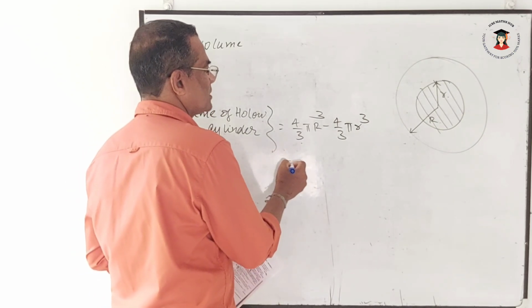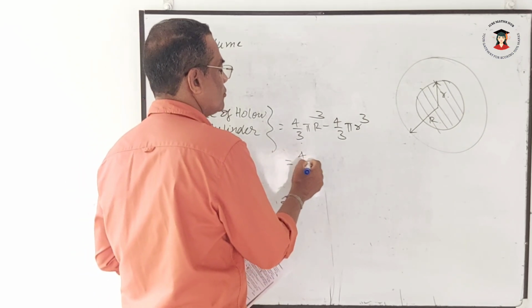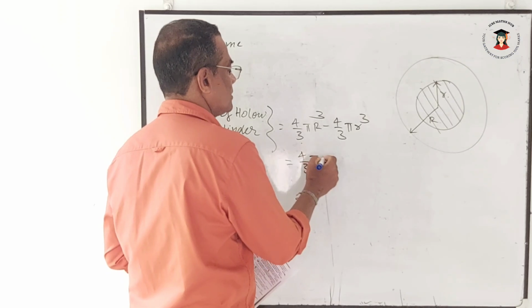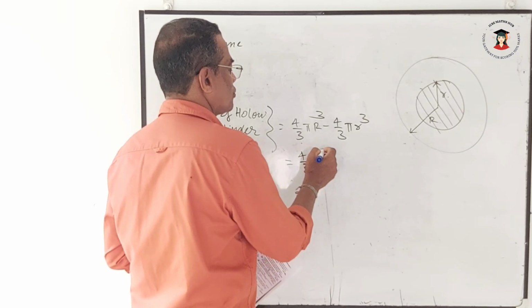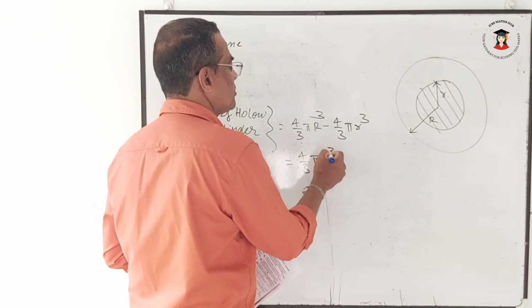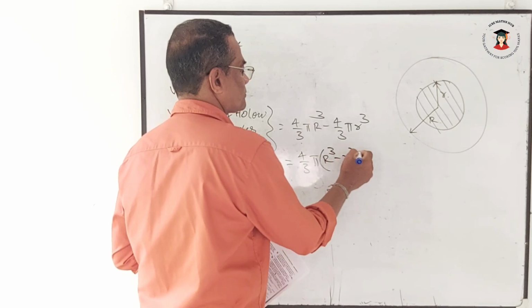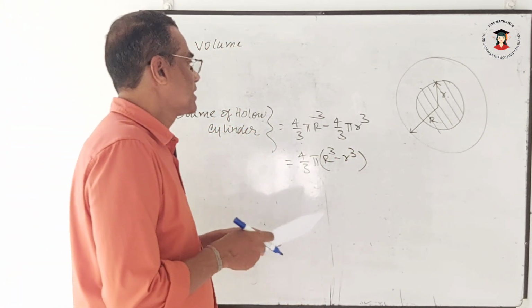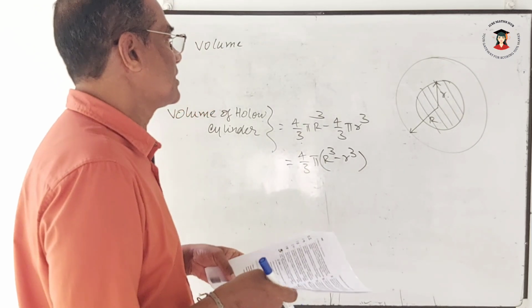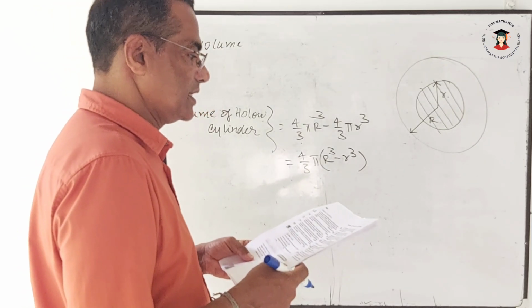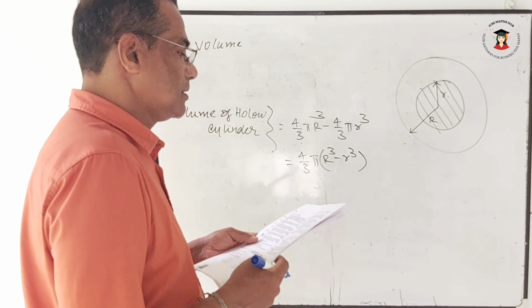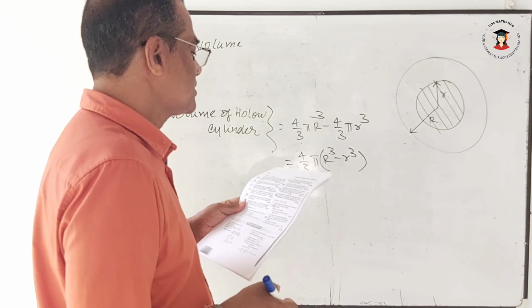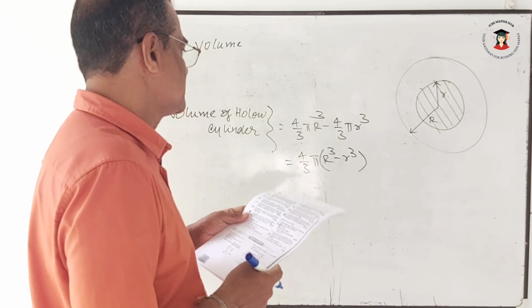So this can be further simplified into 4 by 3 pi, that is common, R cube minus r cube. R is the radius of the external sphere, external radius, and small r is the internal radius.